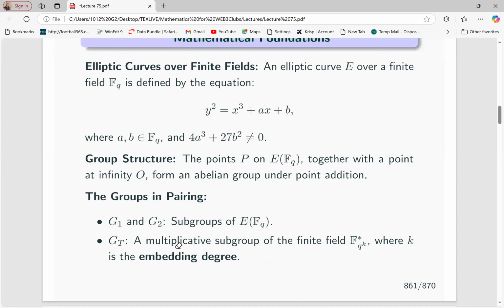You've eliminated the zero from it, and it could be mod Q or mod Q raised to K.